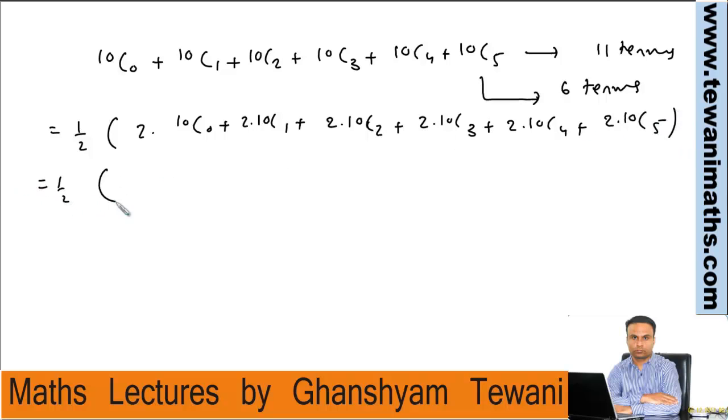Now we can write 2 times 10C0 as 10C0 plus 10C10. 2 times 10C1 will be 10C1 plus 10C9. This will be 10C2 plus 10C8 and so on.